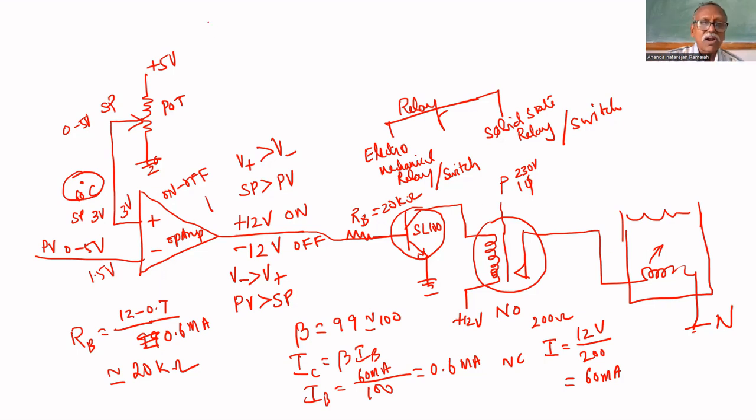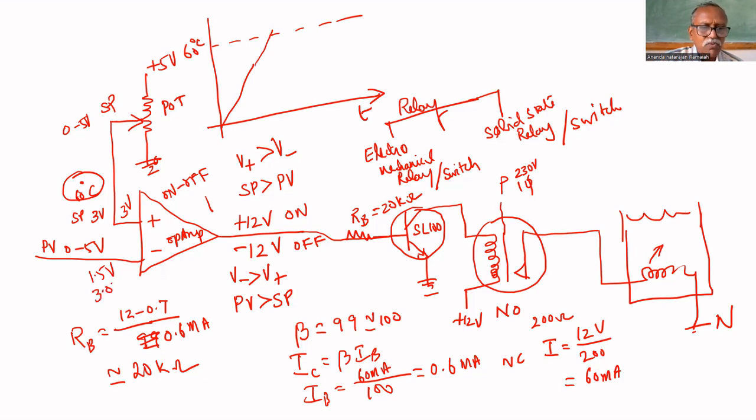The temperature will go on increasing. The set point is 60 degrees centigrade. Whenever it just crosses, say 3.01 volt, the input is higher, so the output becomes minus 12 volt and it will be turned off.